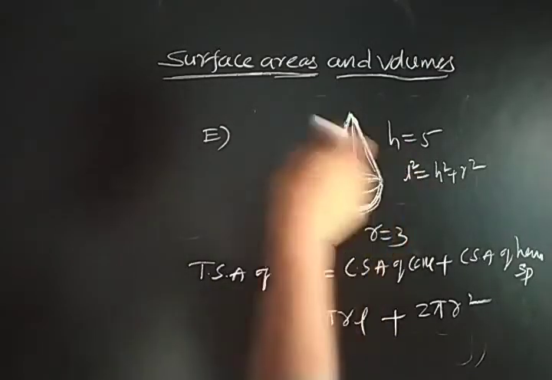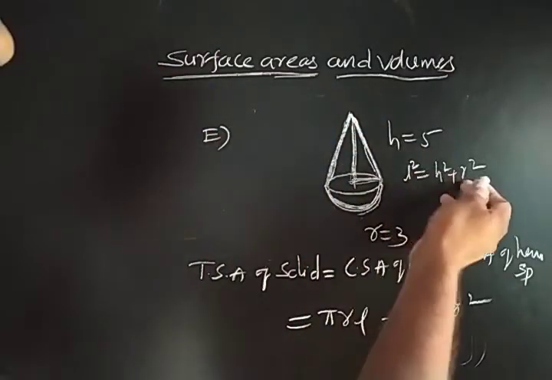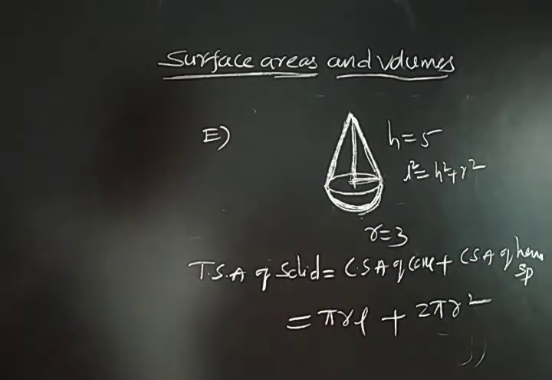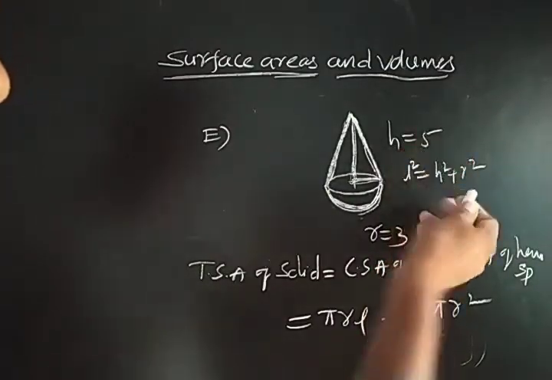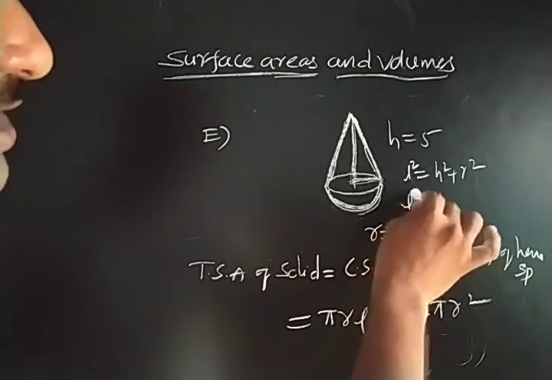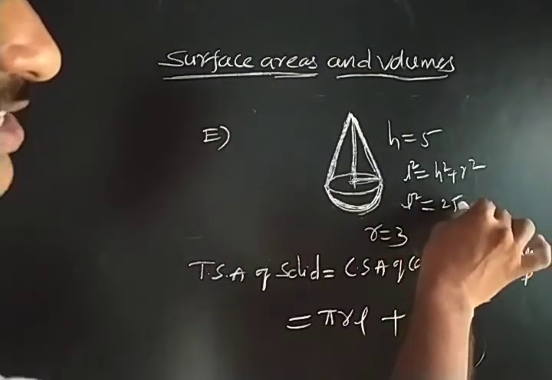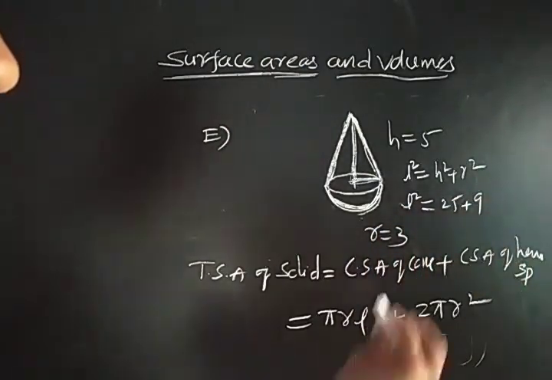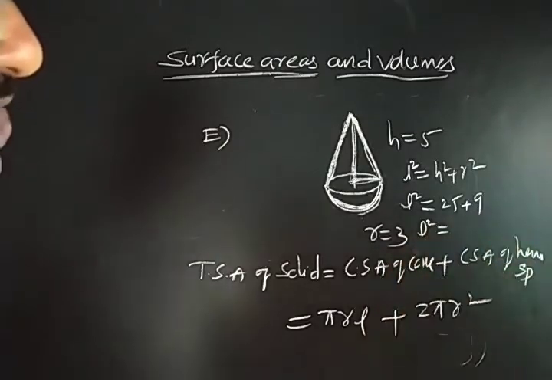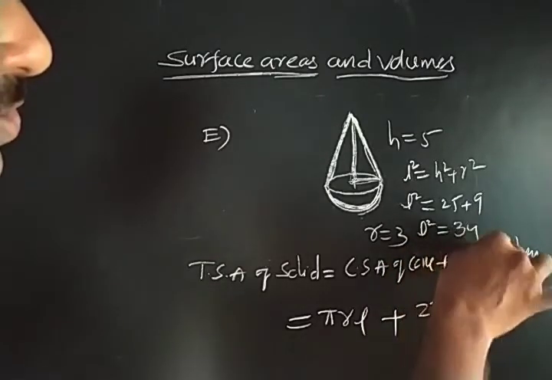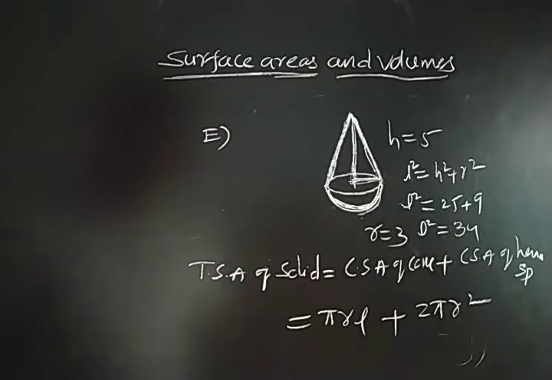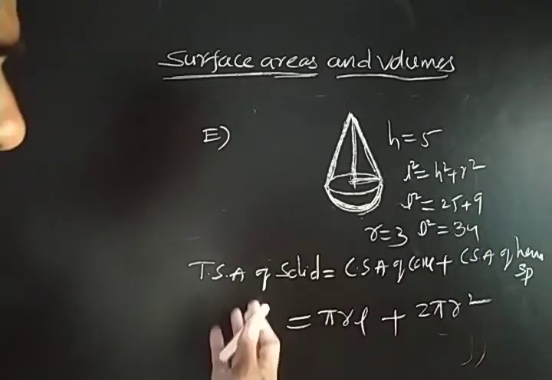So by using the Pythagoras theorem, l square equal to h square 25 plus r square 9. 25 plus 9 is 34. So root 34 is the l value.